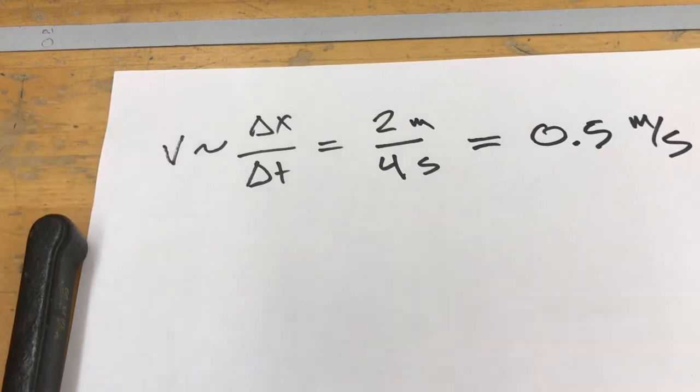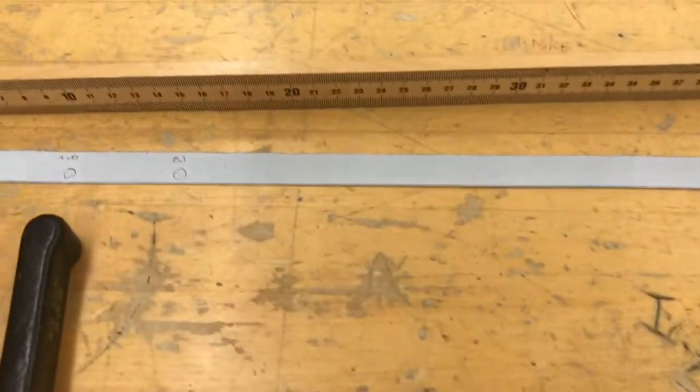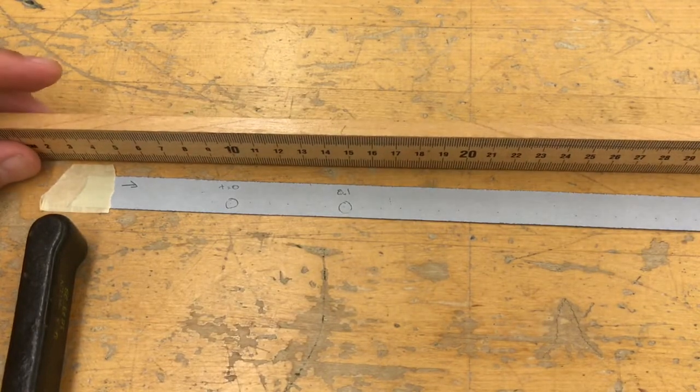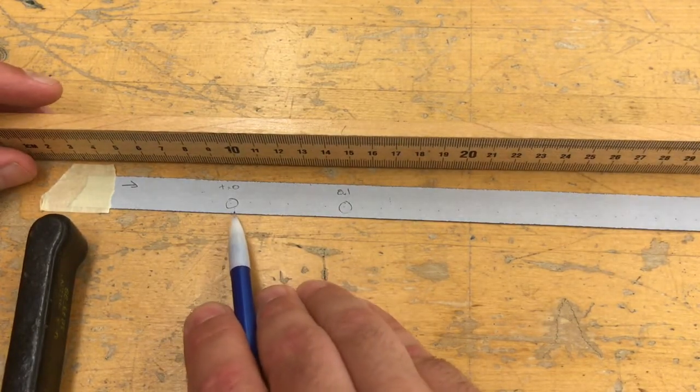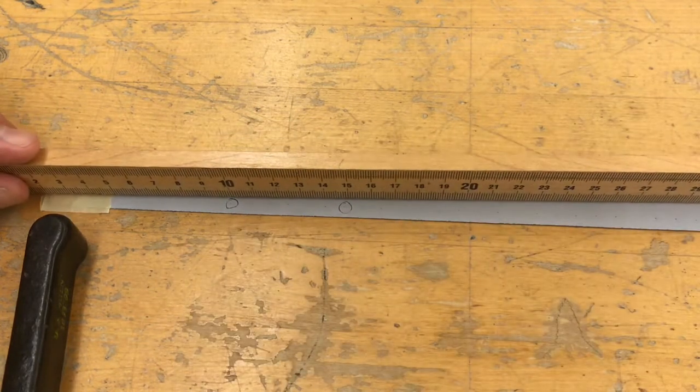So now what we can do is look in detail at the tape. I'm just going to move the camera around so we can look a little closer. And you can see where I have this marked. Right here where I decided to start measuring, there's a dot, and I'm going to line up the ruler.